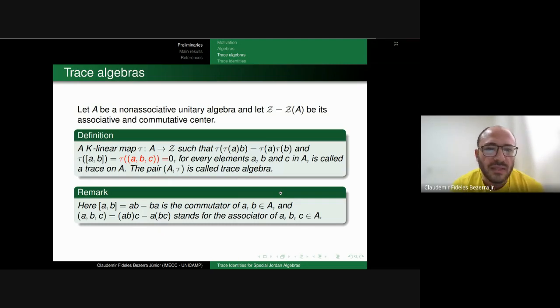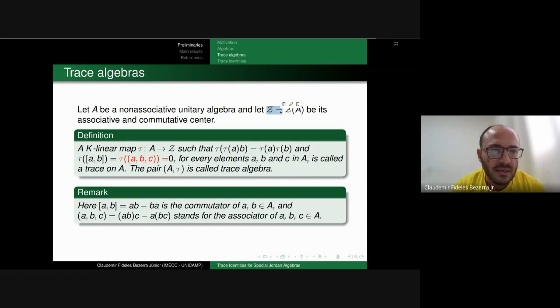We take a non-associative unitary algebra A, and we consider its center denoted by Z. The center is associative and commutative, okay?